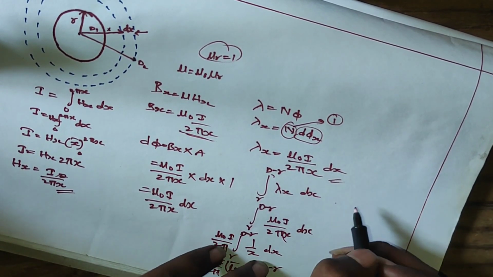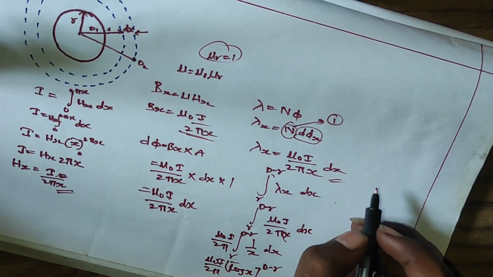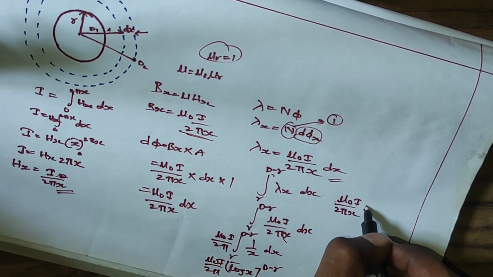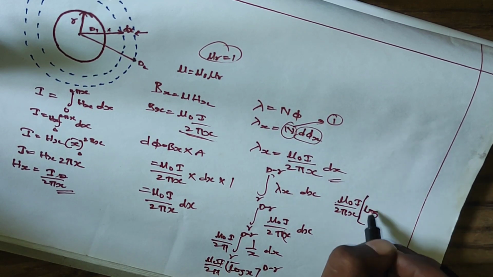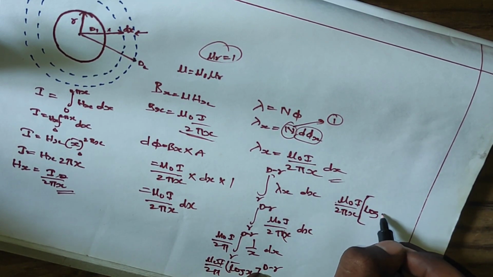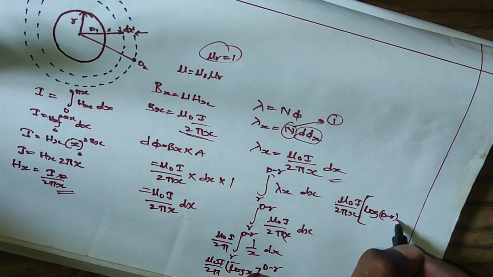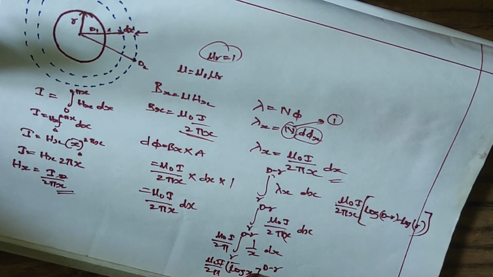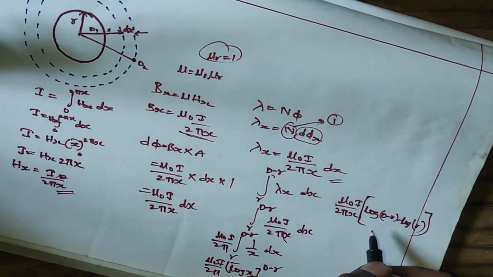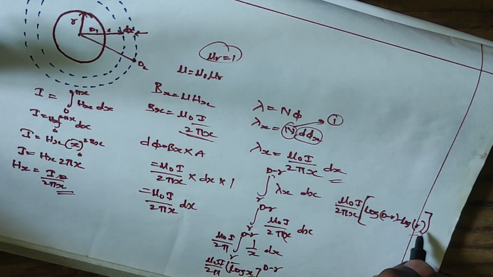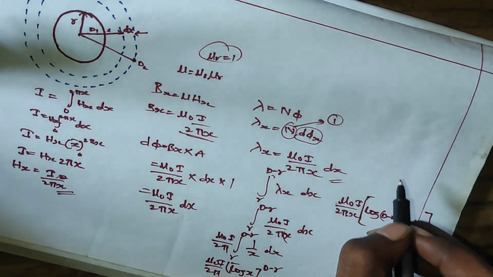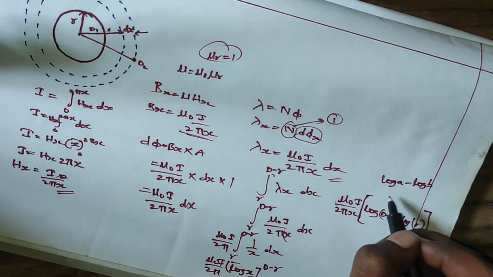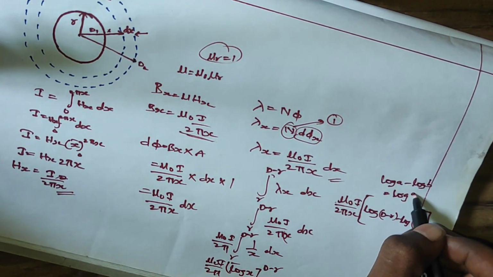Now by substituting these limits, mu naught I by 2 pi, log of the upper limit minus log of the lower limit. Now in general for logarithms, log a minus log b equals log a by b.